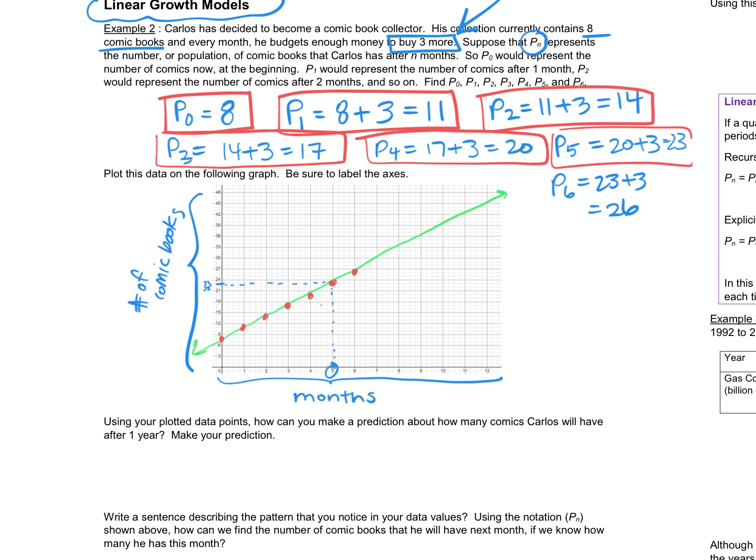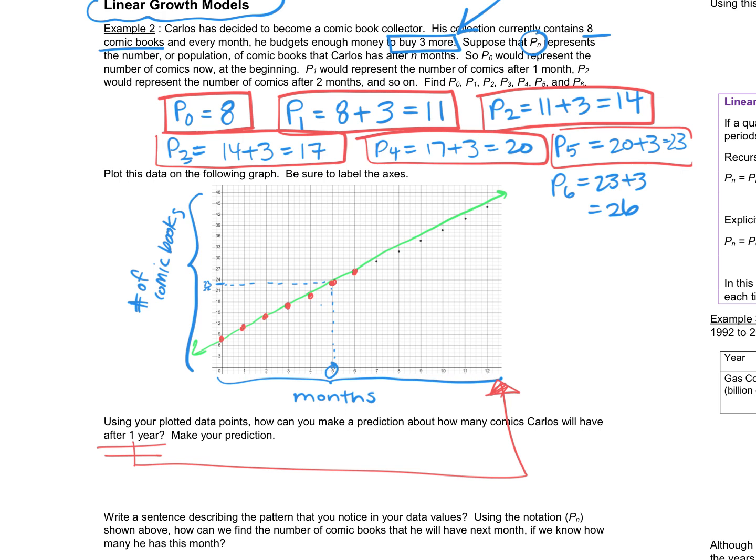So how can you make a prediction about how many comics Carlos will have after 1 year? After 1 year, that's 12 months from now. Looking at our line, each time we go up by 3, and my line wasn't as straight as I would have liked. Maybe if I used a ruler, it would be better.